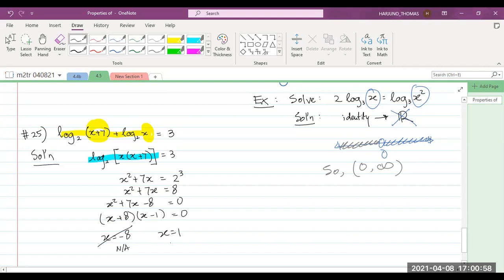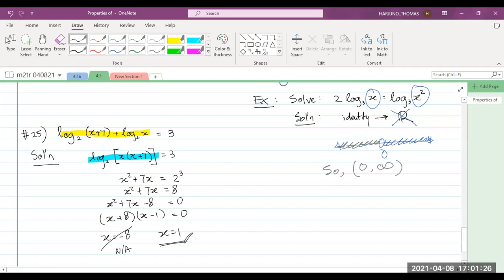How about when x equals 1? I put it in here, that's positive, put it in here, still positive, so x equals 1 is okay. Now, so far we have two solutions and one of them not applied.